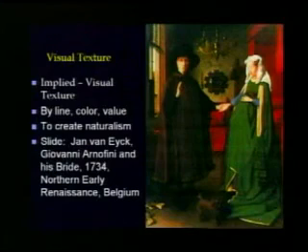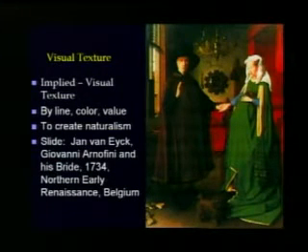Then another kind of texture is implied texture or visual texture. And that is texture that's not actually there. If we ran our hand on this painting, it would be very smooth. All we would feel would be just the smoothness of the oil paint.